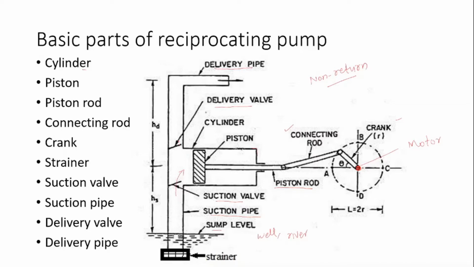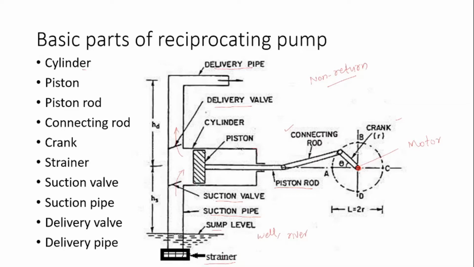Similarly, in the case of a delivery valve, liquid can flow only from the cylinder into the delivery pipe, not from the delivery pipe into the cylinder. Then we have a strainer. The strainer strains out any suspended objects such as leaves or wooden pieces, so that those pieces are not trapped inside the pump. So these are the basic parts.